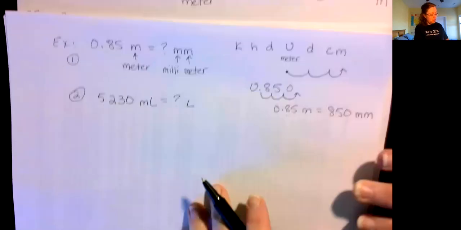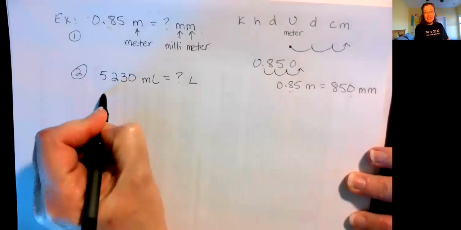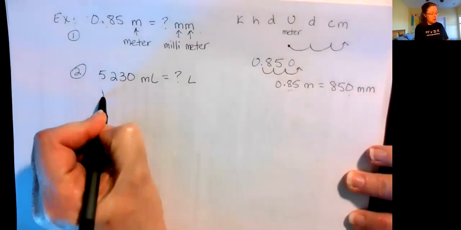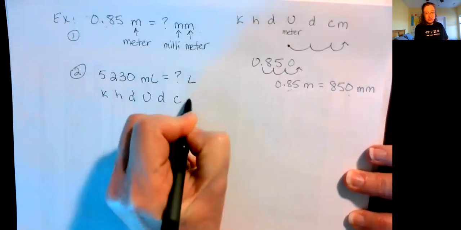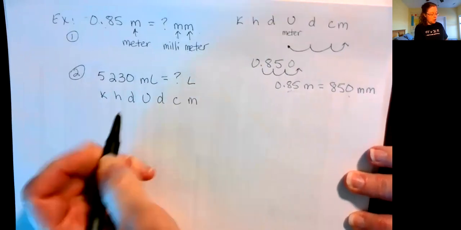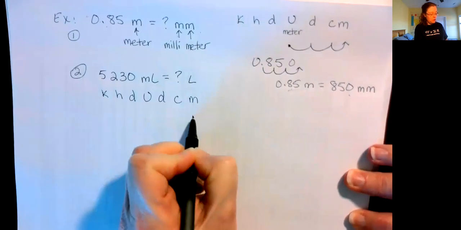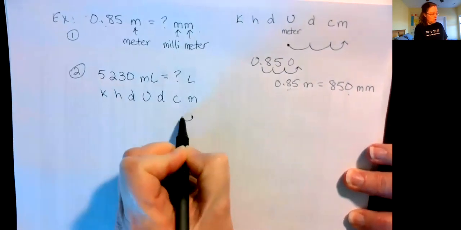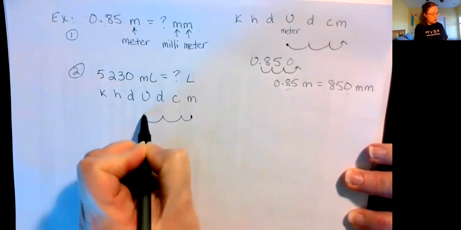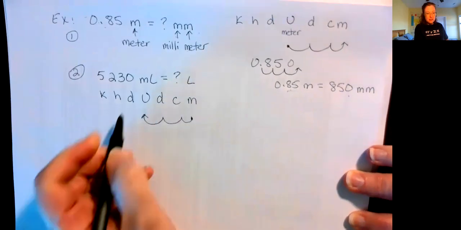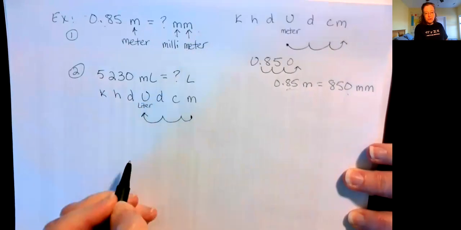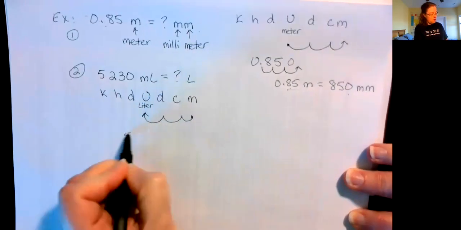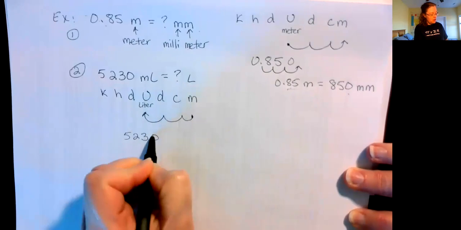Example number 2, again, I'm talking about liters. So I know I can use King Henry died upstairs drinking chocolate milk. This time, we're going to start under the M for milli. And we'll move it 1, 2, 3 places to the left to get under the base unit for liter. 5, 2, 3, 0.